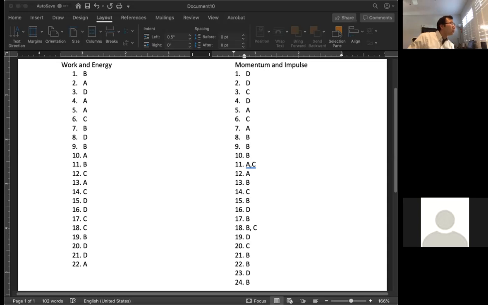Oh, actually, B is not correct. Both toys will acquire the same momentum, and A is correct. It should be C.